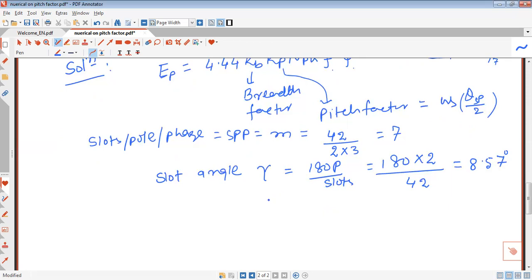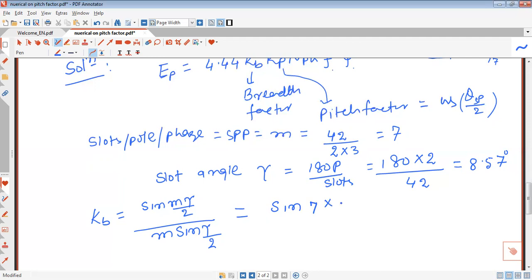Now we have to find the breadth factor, KB. We can find it using the relation sine of m gamma by 2 divided by m into sine of gamma by 2. M is given as 7 and gamma is calculated as 5.857 degrees, all divided by 2.